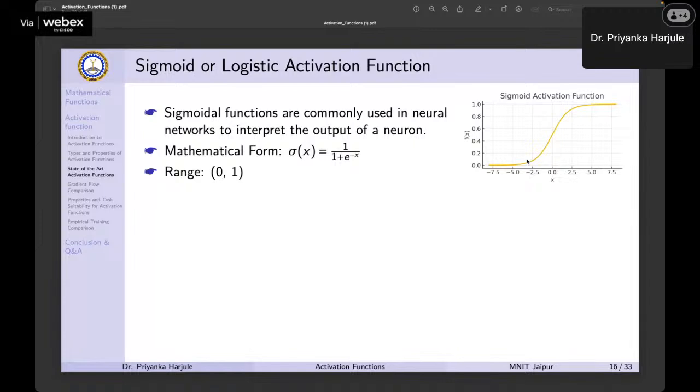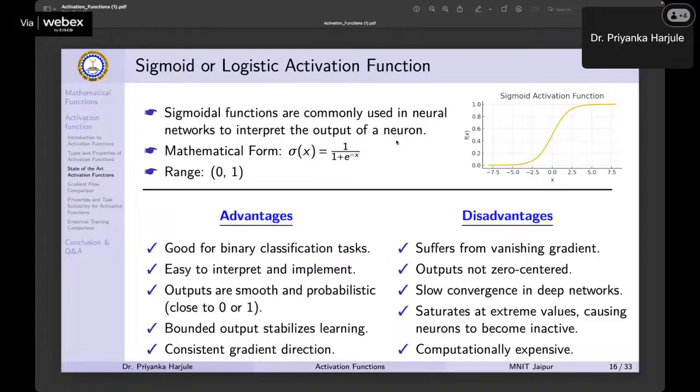It is ideal for expressing probabilities. Consistent gradient direction, it makes the optimization stable in shallow setups.